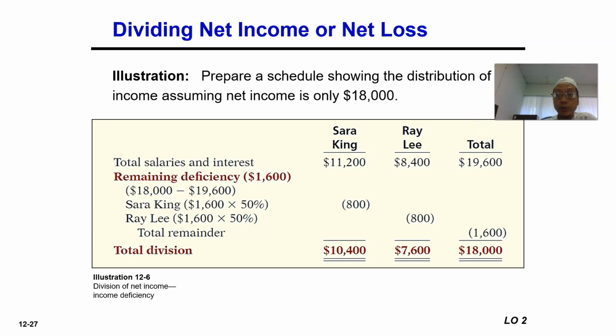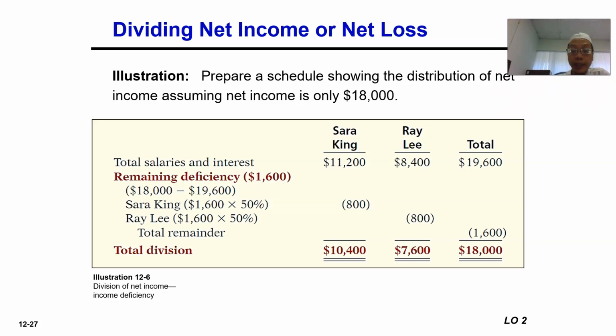Let's assume that the net income is only 18,000. How do we distribute it? When total salary and interest have been distributed, it comes up to 19,600, which is more than the actual net income.